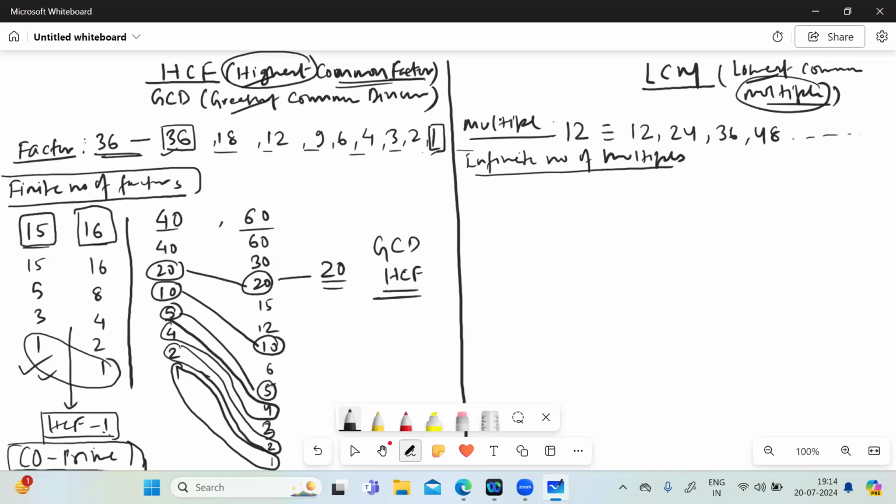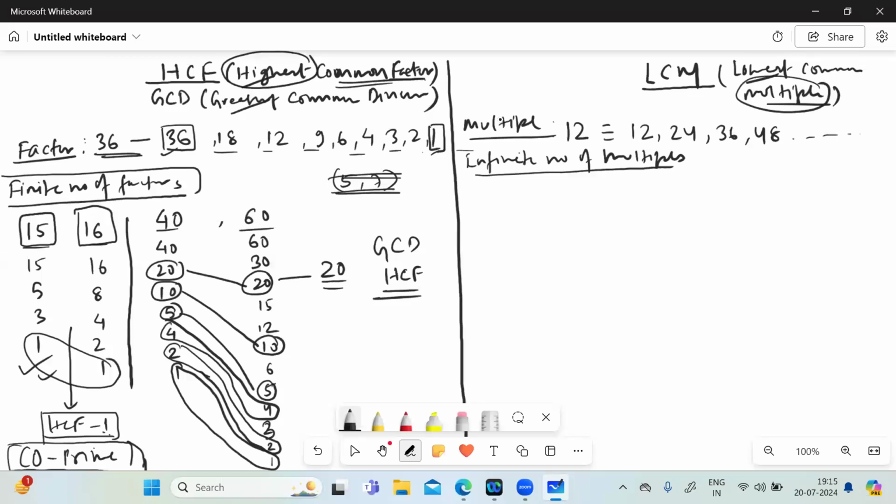Both of these numbers are composite, but together they are co-prime. Many students get confused that co-prime should have a prime number. It's not necessary. And of course, when there are two prime numbers, they will be co-prime in nature, like 5 and 7 will be co-prime to each other. So all prime numbers together are co-prime, but to get a pair of co-primes, you don't have to have a prime number in the pair. Okay. So if no other common factor is there, HCF will be 1.